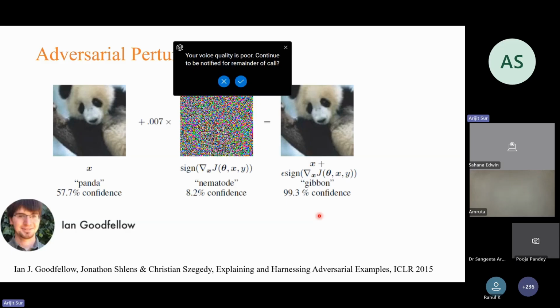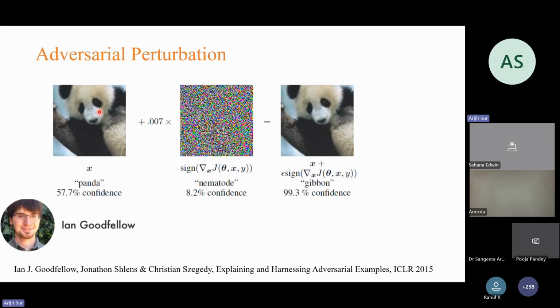What is being done in adversarial perturbation is that there is an input image X, say a panda image, and your classifier has been trained such that it can say it is a panda, with some particular confidence score.